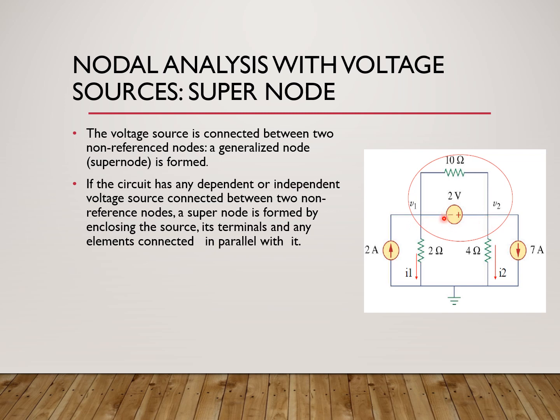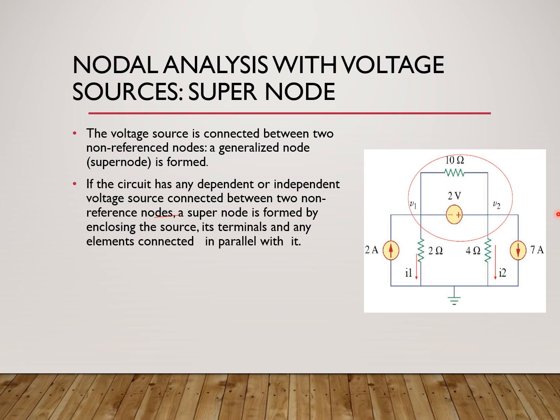So what is a super node? These terminals, the voltage source, and anything connected in parallel to it. For example, in this case, you have a 10 ohm connected to it. So the whole part is considered as a super node. So if the circuit has any dependent or independent voltage source connected between two non-reference nodes, a super node is formed by enclosing the source, its terminals, and any elements connected in parallel with it.